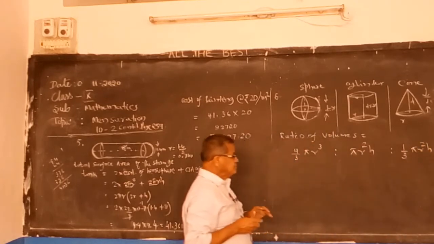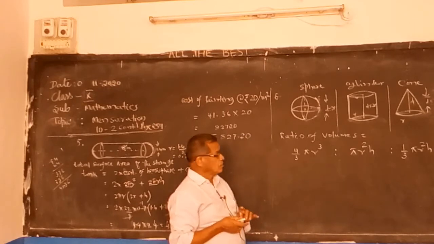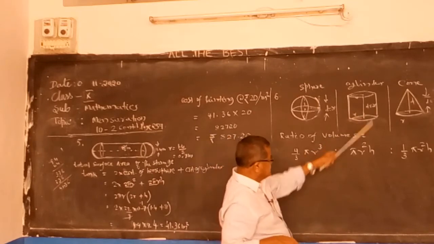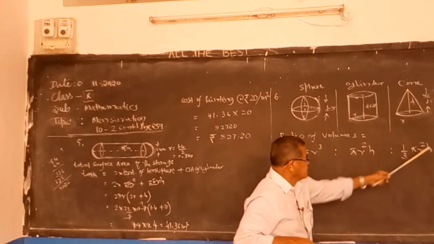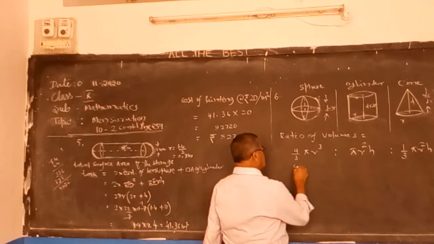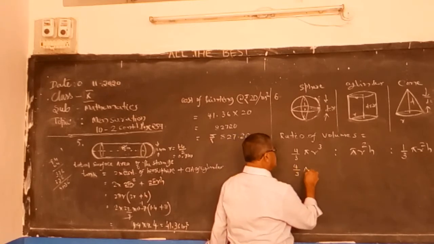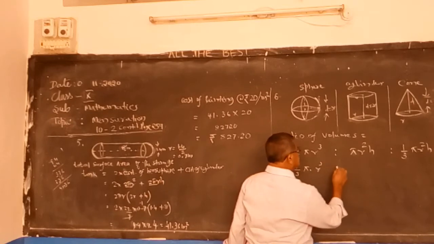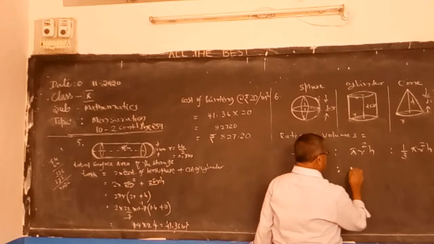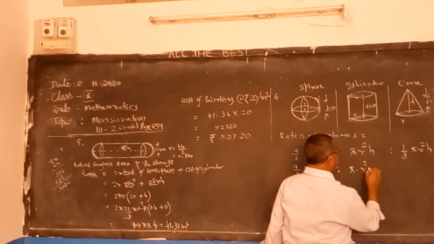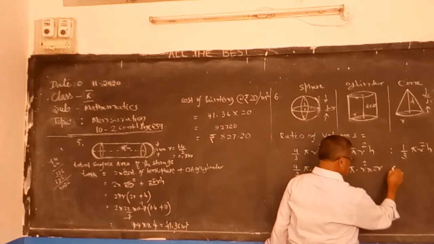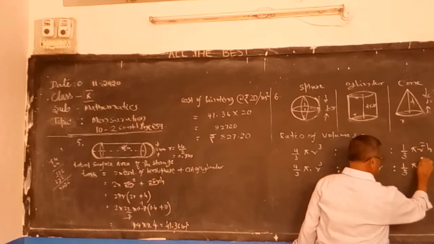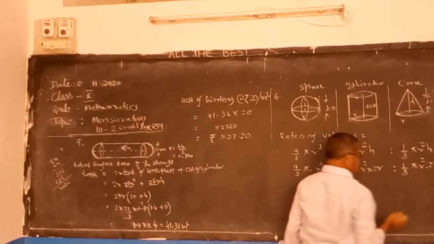Here h is 2r in the cylinder, and in the cone also h is 2r. So 4 by 3 pi r cube is to pi into r square into 2r is to 1 by 3 pi into r square into 2r.